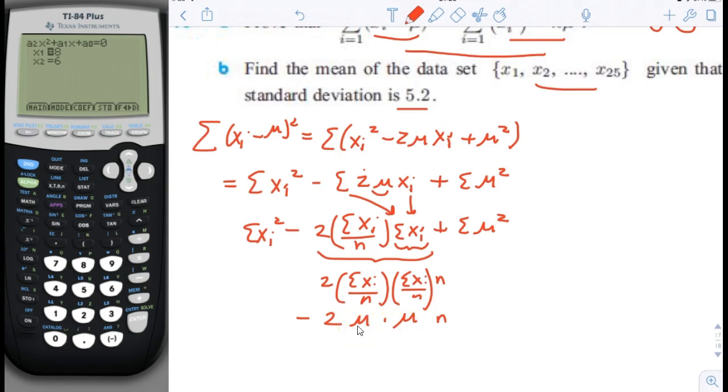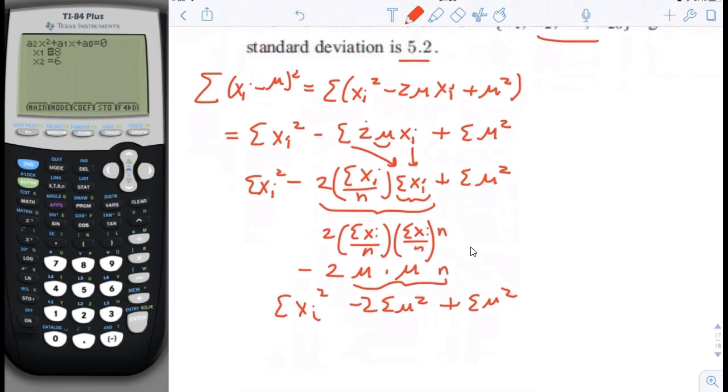So if I have mu times n, that's the same thing as taking the sum of mu squared, because if I do the sum of mu squared, that's going to add up mu squared n times. So this part here simplifies into sigma mu squared. And this is plus sigma mu squared, and this is sigma xi squared.